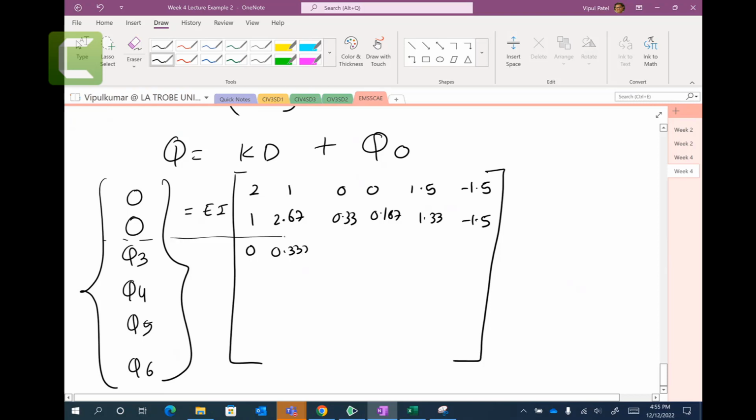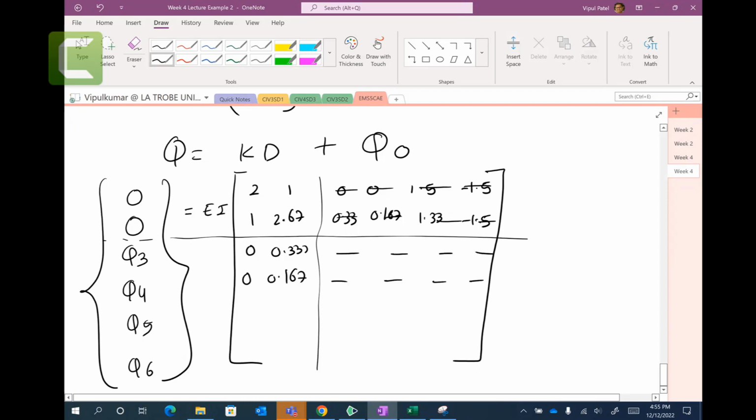If you draw a line here and a line here, you don't need to write all these ones. You can just put a dash because these values are not going to be useful. You can look at the previous examples. If you do it smartly, you don't need to copy that, and you can just use this partition matrix that I showed you here.